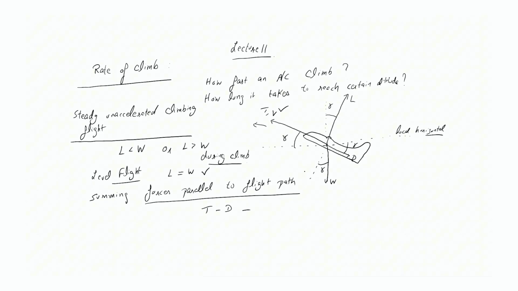Weight has a component W cos gamma, and this is W sin gamma. So we get T minus D minus W sin gamma equals 0. Why 0? As we are discussing unaccelerated flight, there will be no acceleration.